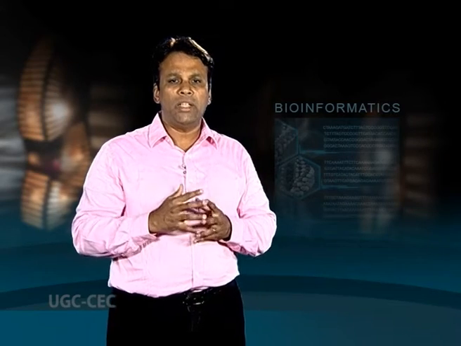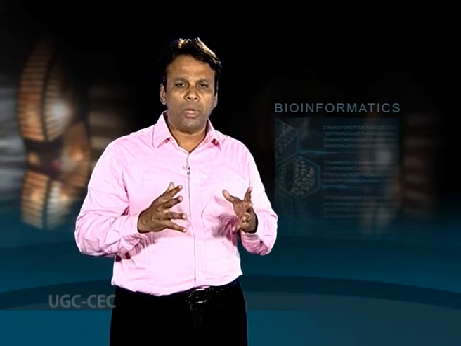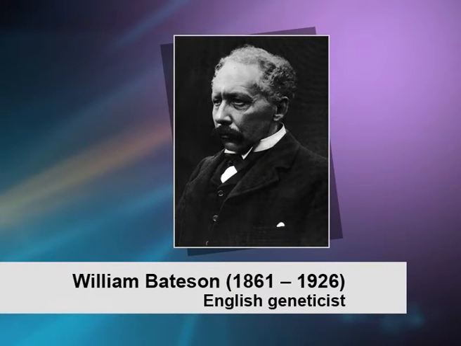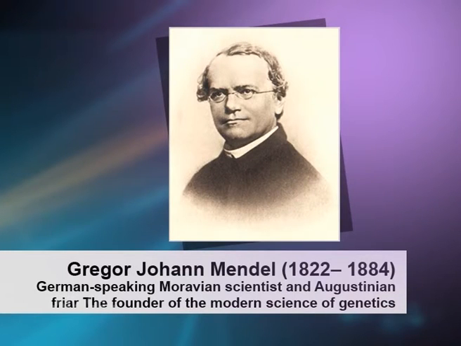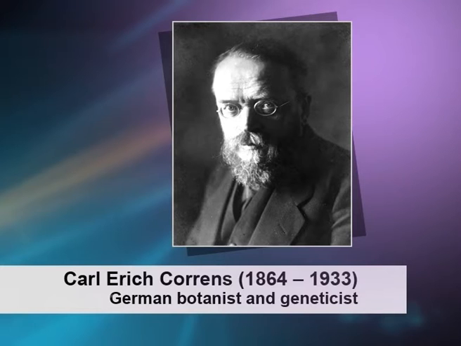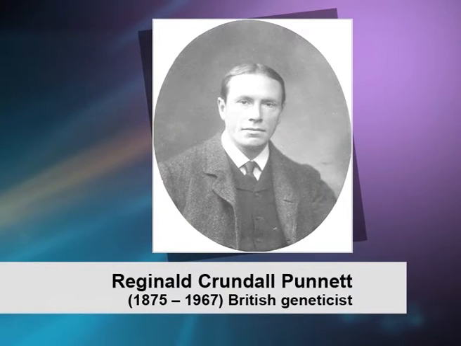Some of the first evidence that a trait can be influenced by more than one gene was obtained by William Bateson, who was famous for the study of heredity and biological inheritance, and also for championing Gregor Mendel's ideas following their rediscovery in 1900 by Hugo de Vries and Carl Correns, as well as Reginald Punnett, the creator of the Punnett square, from breeding experiments with chickens.